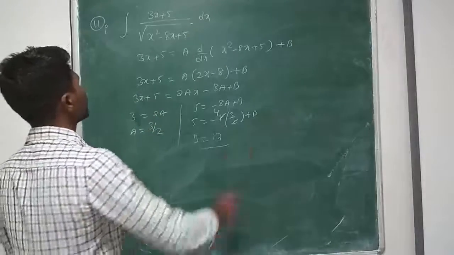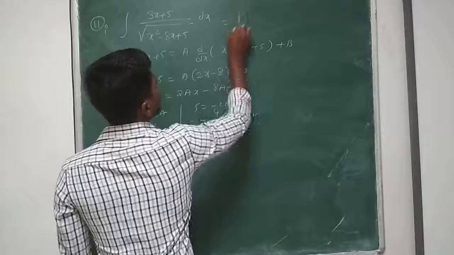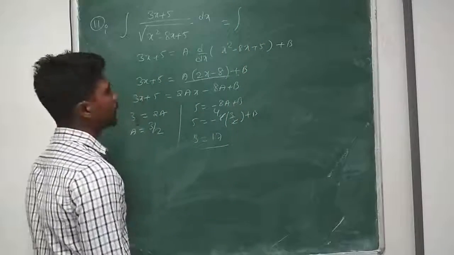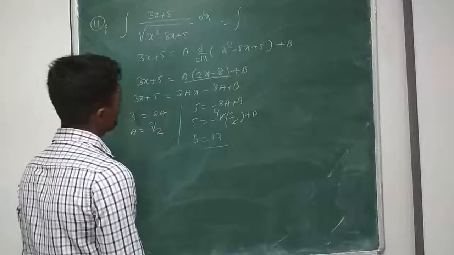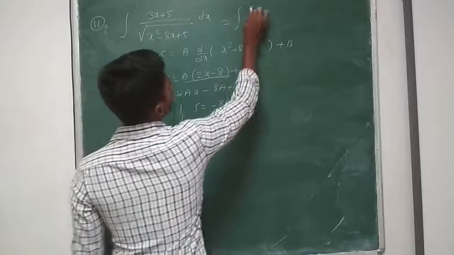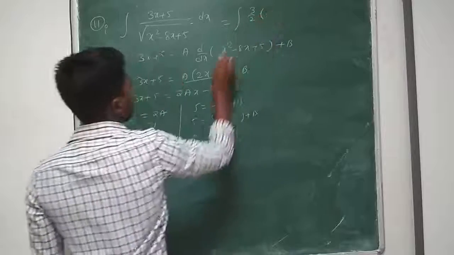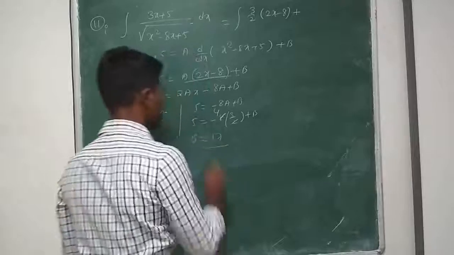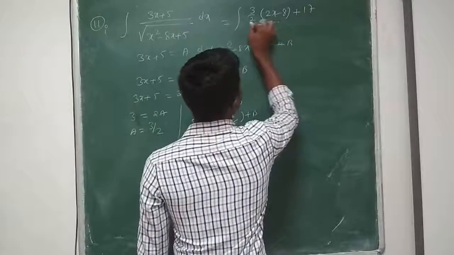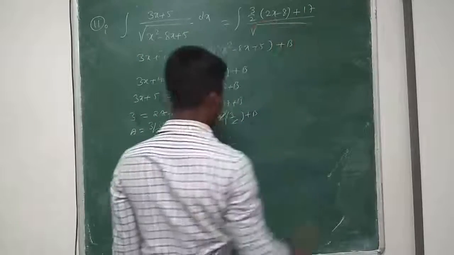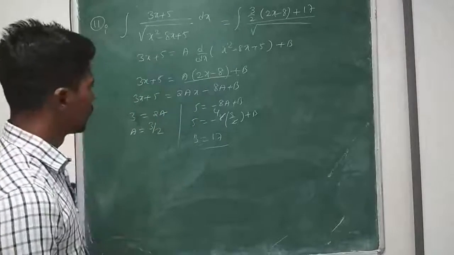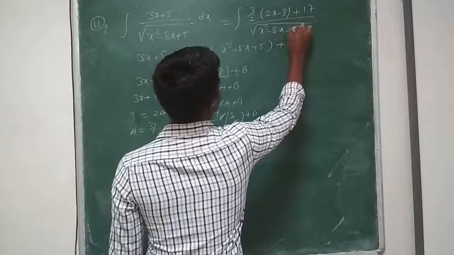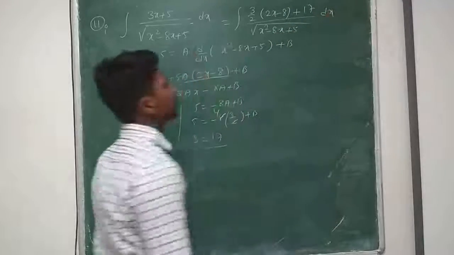Just express the given one in the form like a into d by dx of x square minus 8x plus 5. So a value 3 by 2 into 2x minus 8 plus b value 17 by root of x square minus 8x plus 5 dx.